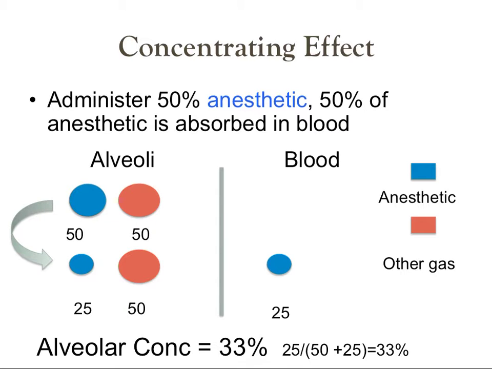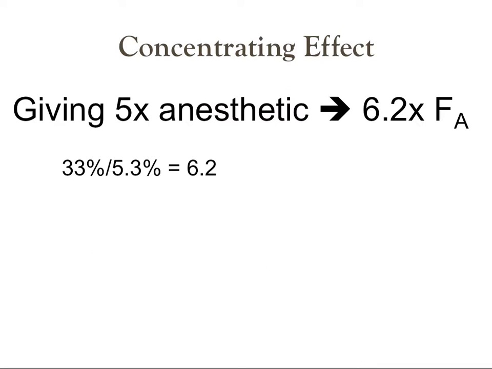So here the alveolar concentration is 33%, giving 5 times as much anesthetic has led to a 6.2 times greater increase in alveolar concentration. The higher the FI, the greater this effect.